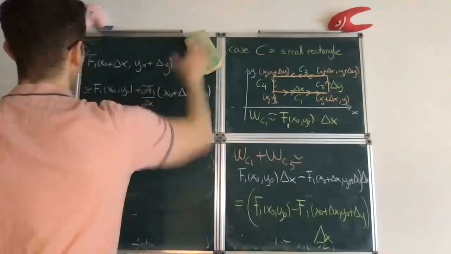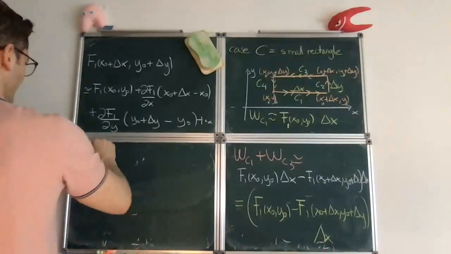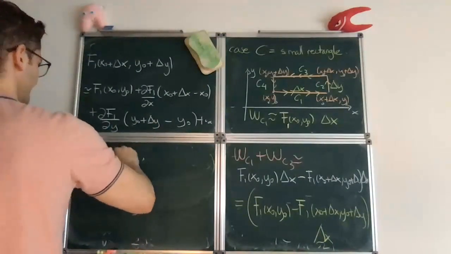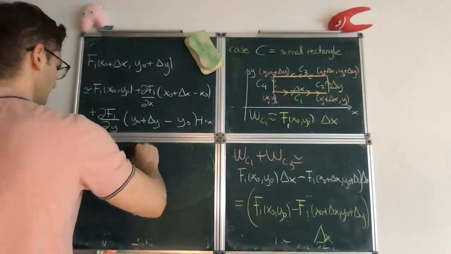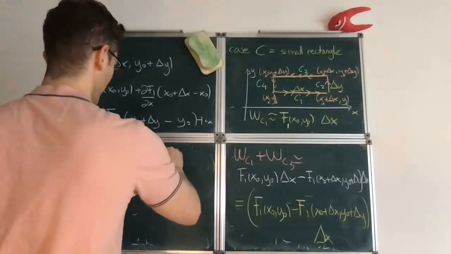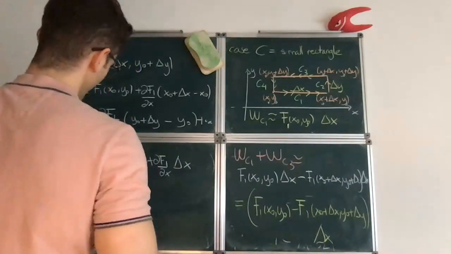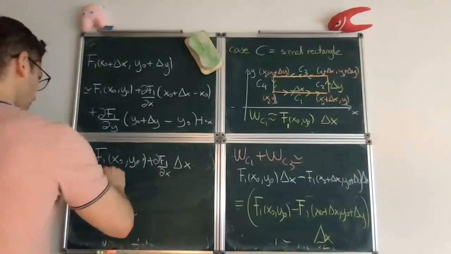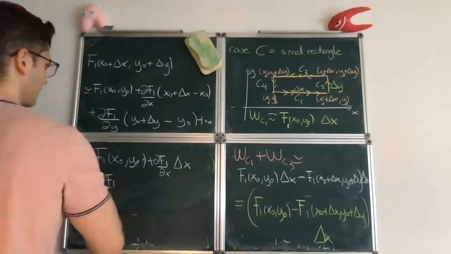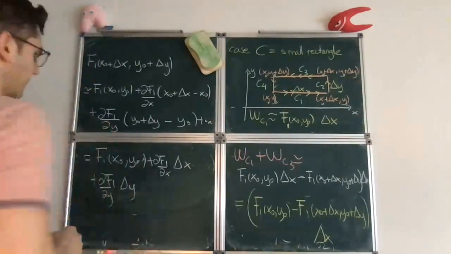And so simplifying a little bit, this is saying that this can be approximated by F1 at x naught, y naught plus the partial of F1 with respect to x times delta x, plus the partial of F1 with respect to y times delta y. Okay?